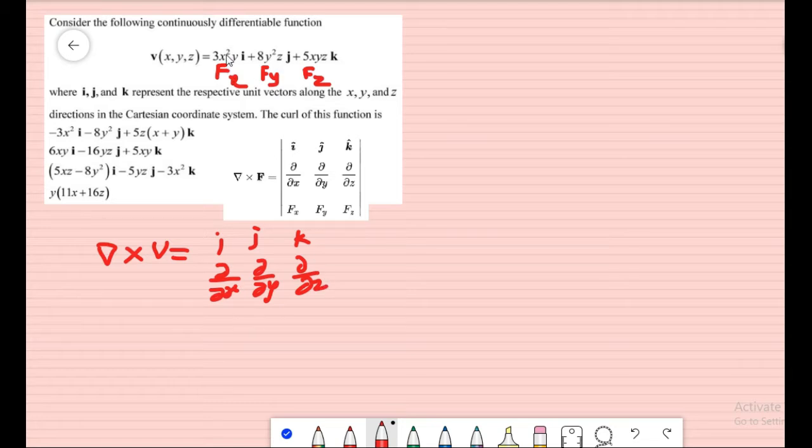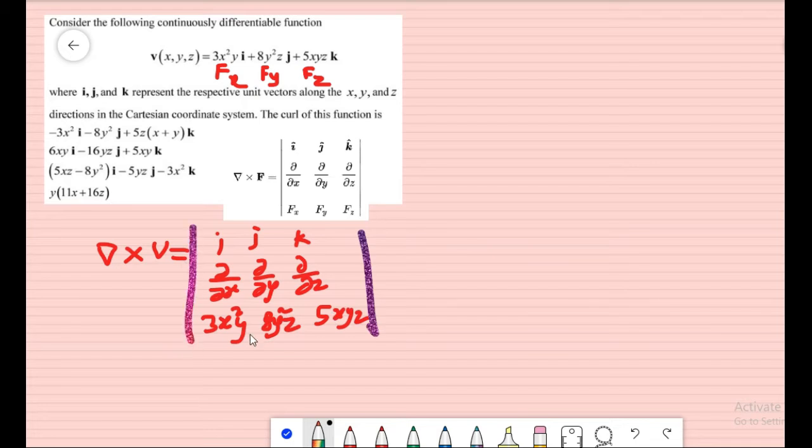Fx is 3x square y, so I write 3x square y. Here 8y square z, so 8y square z. Then 5xyz. So this is a determinant. We have to find the determinant of this.